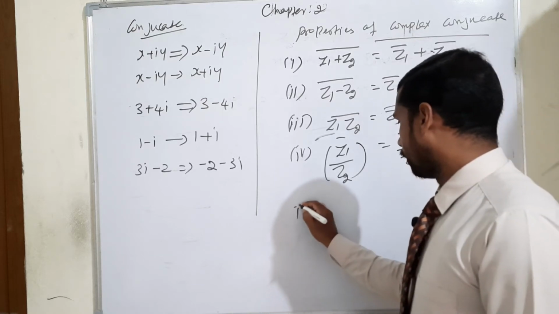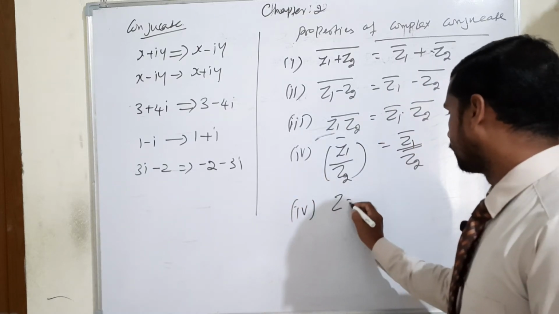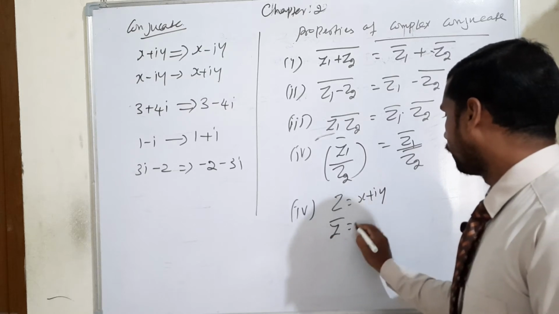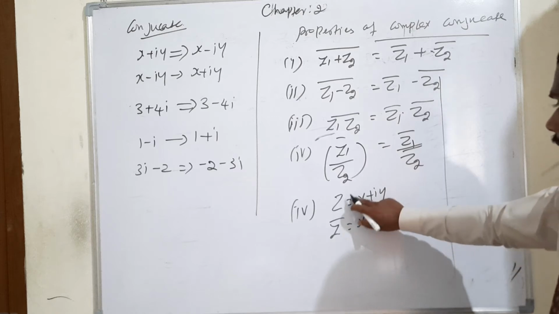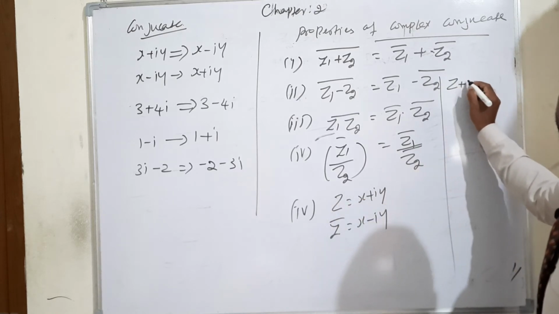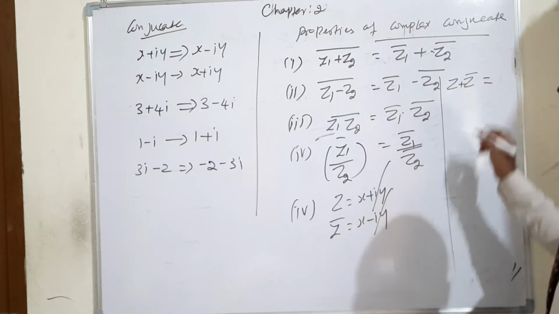Then property number 5. If you have Z is equal to X plus iy, then Z bar is equal to X minus iy. If you add the two, Z plus Z bar, the plus iy and minus iy cancel.